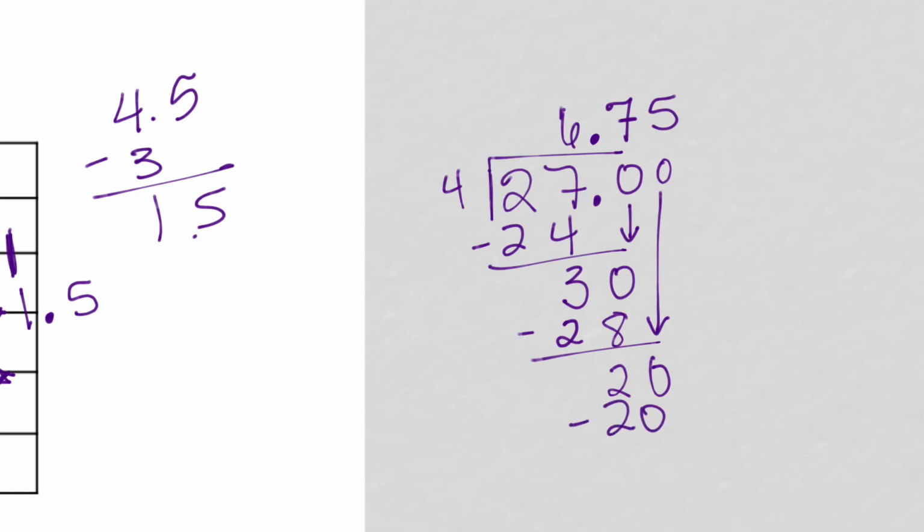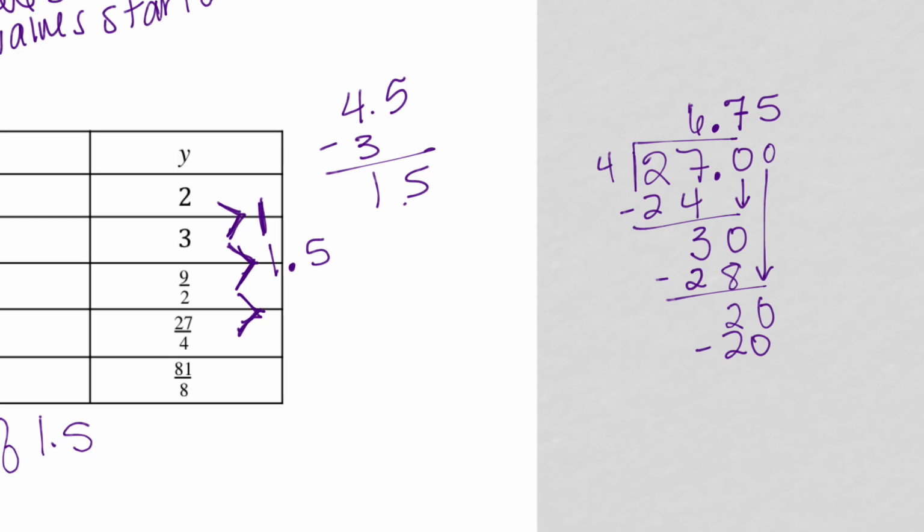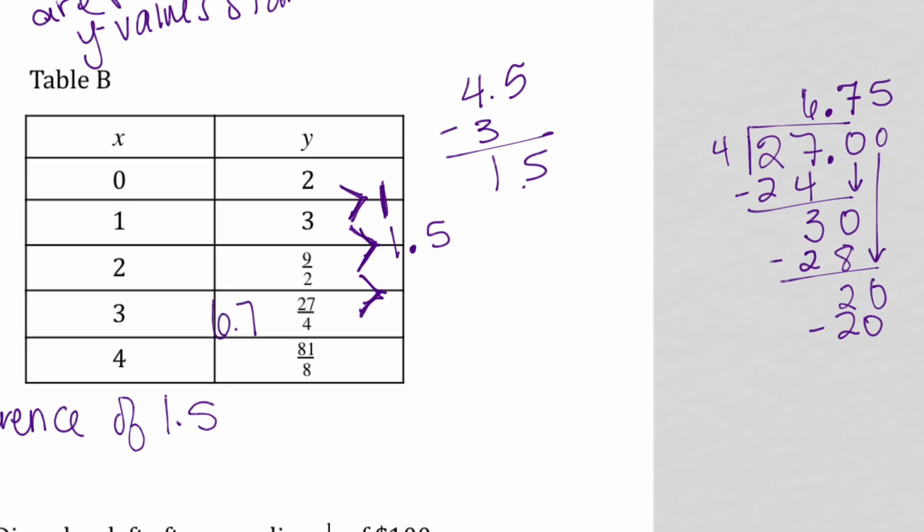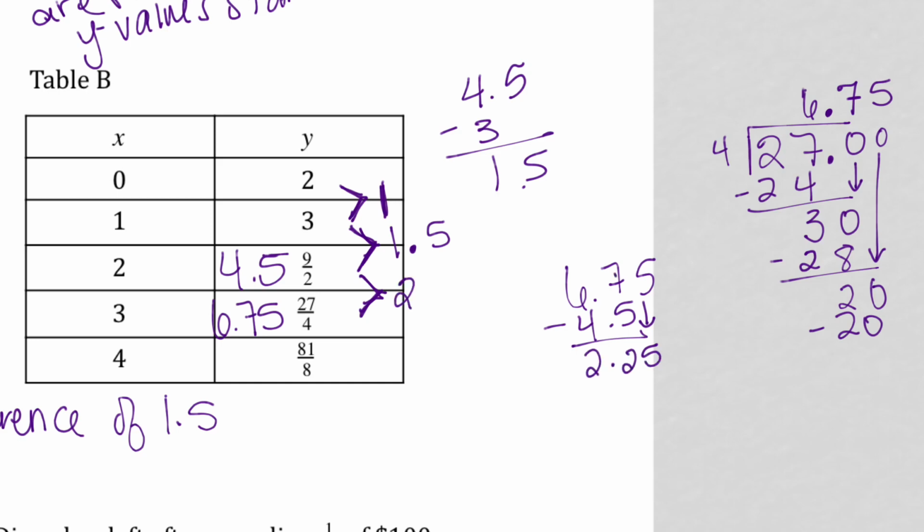So this right here is 6.75, and this is 4.5. What's the difference there? 2.25. Can you see a pattern for this? Is it easy to see a pattern here?